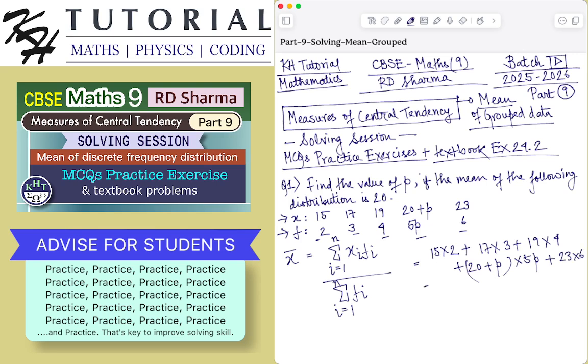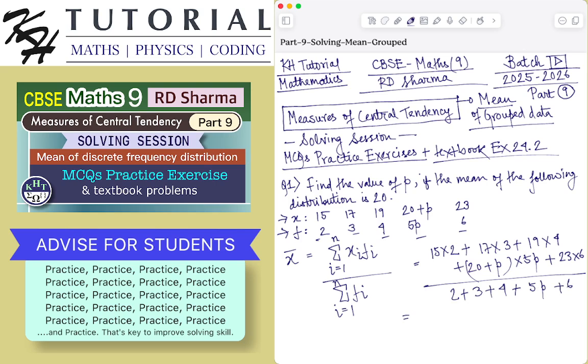This gives the sum of all the observations in the original raw data divided by the sum of the frequencies. So we have 2 plus 3 plus 4 plus 5p plus 6.